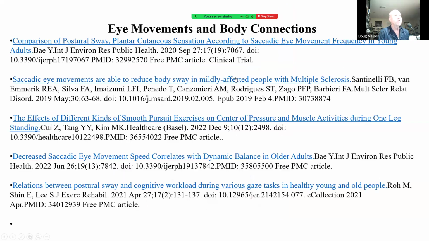Here are some very unique studies. You'll notice these are not done by optometrists, unfortunately. Does cerebellar function have to do with the feet? Saccadic eye movements? Yes. Do eye movements associated with multiple sclerosis affect sway? Yes. Can smooth eye movements affect pressure and muscle activity in one leg? Yes. Can decreased movements correlate with dynamic vision? Yes. Can posterior sway and cognitive workload be connected in young and old adults?